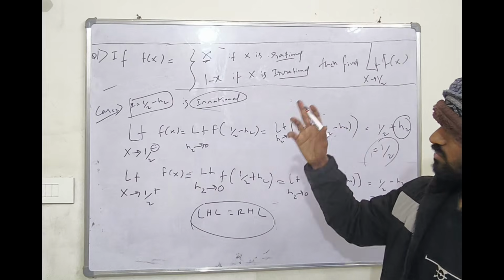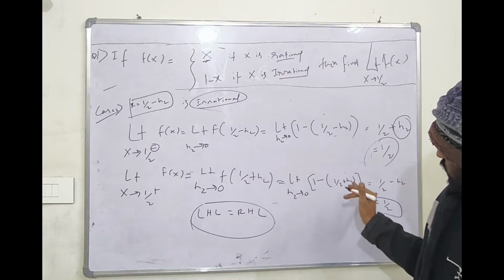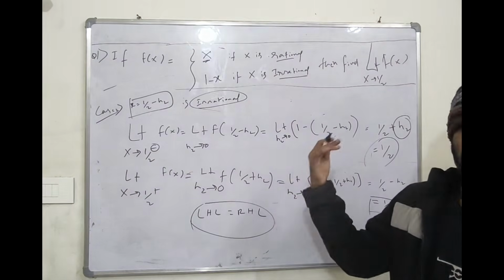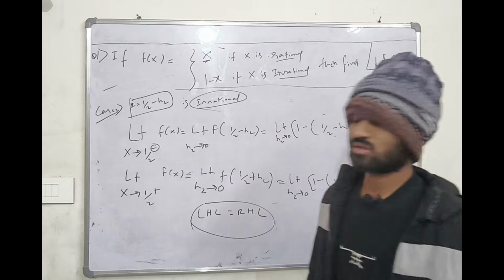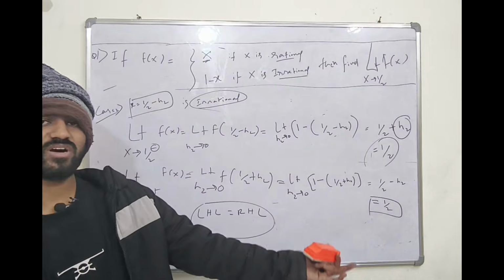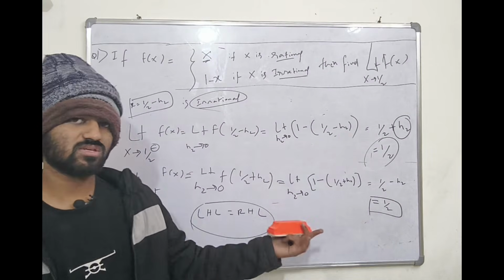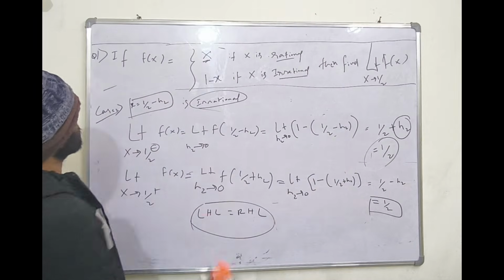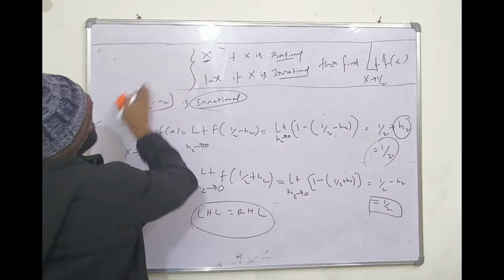There also we got left hand limit equals to right hand limit, that is equals to 1 by 2. Here also left hand limit equals to right hand limit equals to 1 by 2. Then only limit exists. If the irrational limiting value of function tends to some other value and rational tends to 1 by 2, then limit does not exist. Okay, so let's go to next problem.